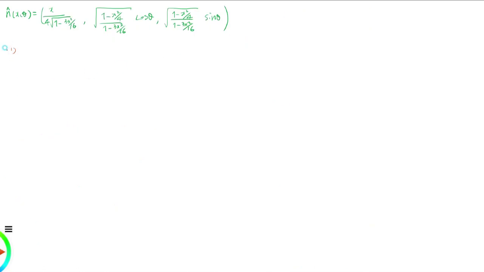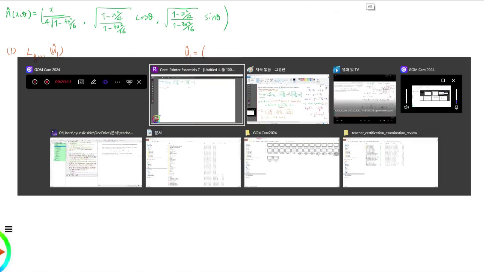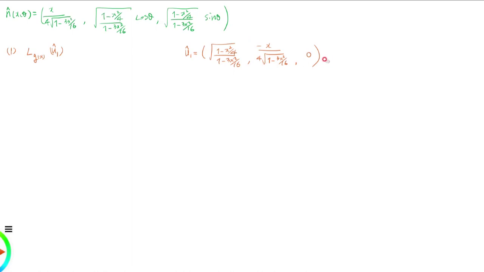Okay, for the case of shape operator on this generating curve to the direction of u1 here, so u1 direction is this direction, and z coordinate does not contribute.